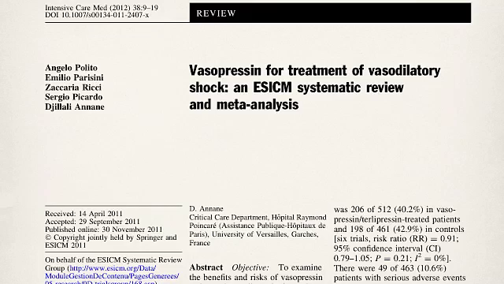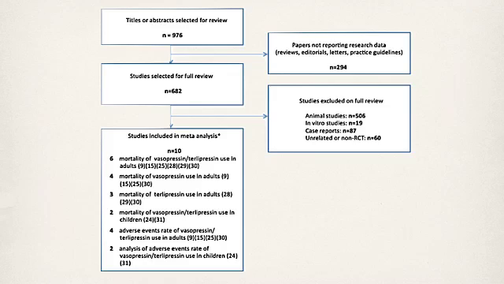It was also published in 2012 in Intensive Care, and they started with about 100,000 articles and ended up with 10, slightly different from the previous study. And again, here is looking at mortality in adults, and you can see most of the studies lie actually on the line, and there is one study that is favoring no vasopressin.